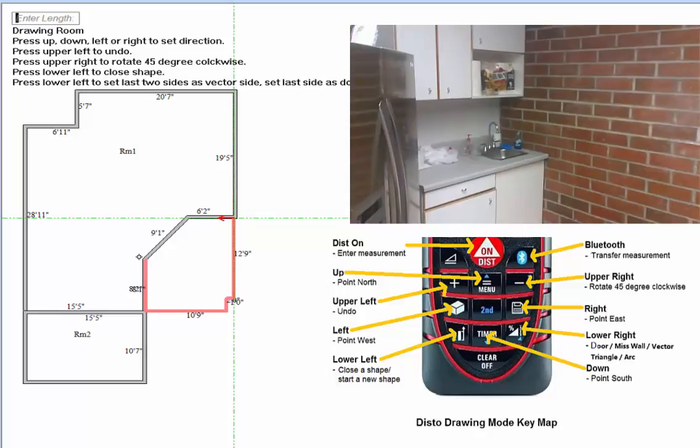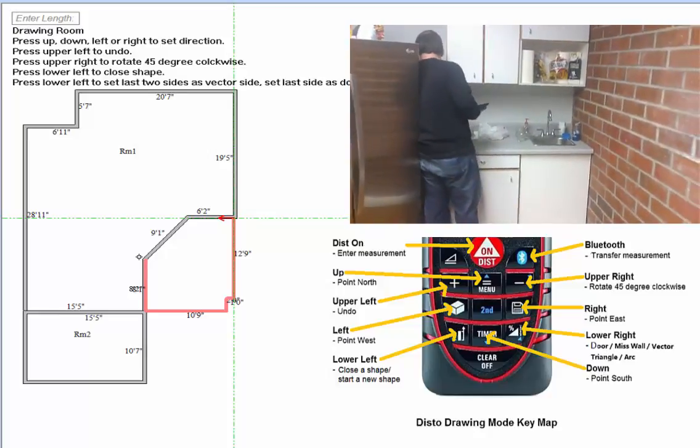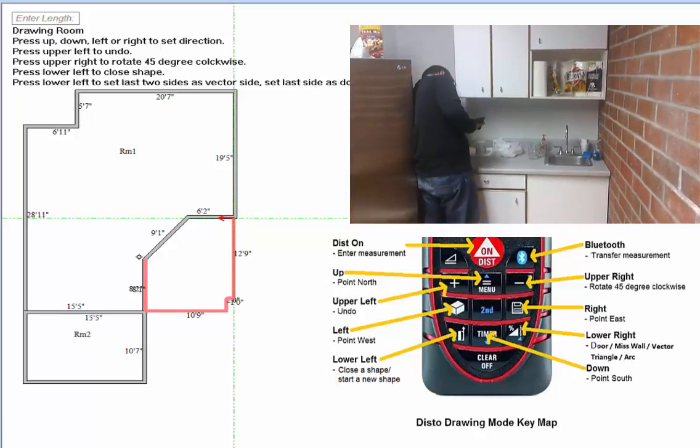In this case, we can find the odd-angled wall in the kitchen by leaving that wall for last and closing out the room. The program will define the geometry for us.